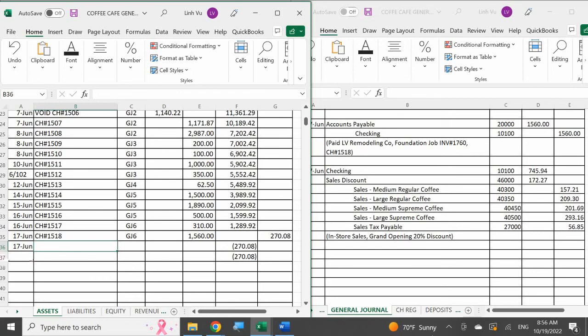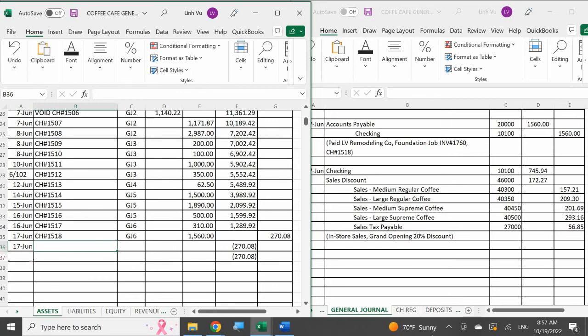So do we have to cut a check for it? Am I writing a check or am I depositing money? You're depositing money. Does that answer your question? Yeah. Okay.